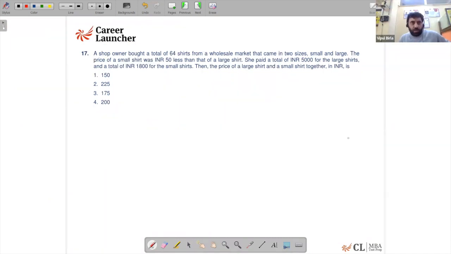Question number 17. A shop owner bought a total of 64 shirts from a wholesale market that came in 2 sizes, small and the large. The price of a small shirt was 50 rupees less than the price of the large shirt. Okay. She paid a total of 5,000 rupees for a large shirt and a total of 1,800 for a small shirt.